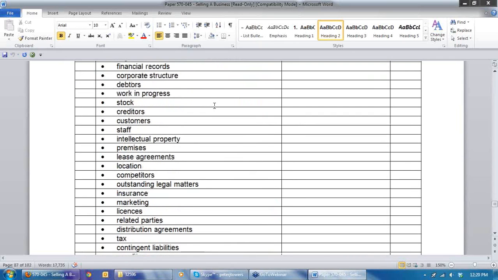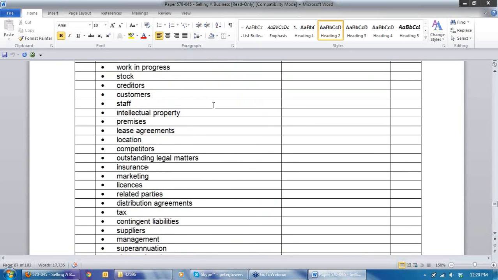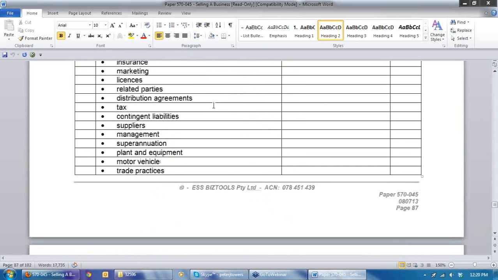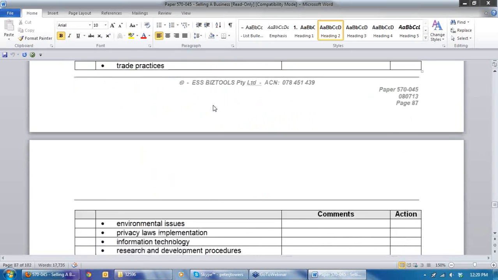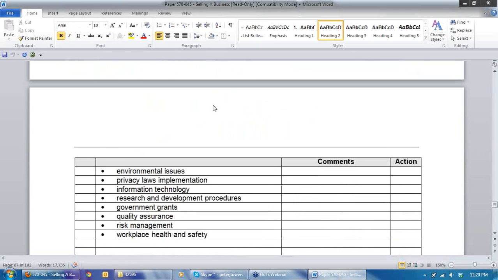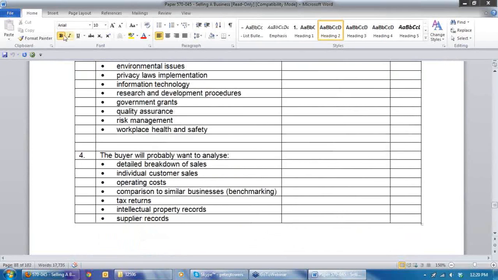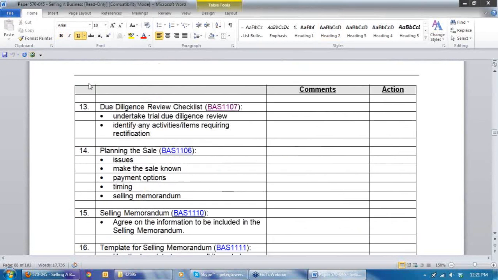How do the systems work? Are the records correct? Is the future maintainable profit able to be supported? So that worksheet hopefully will help you in undertaking those tasks.